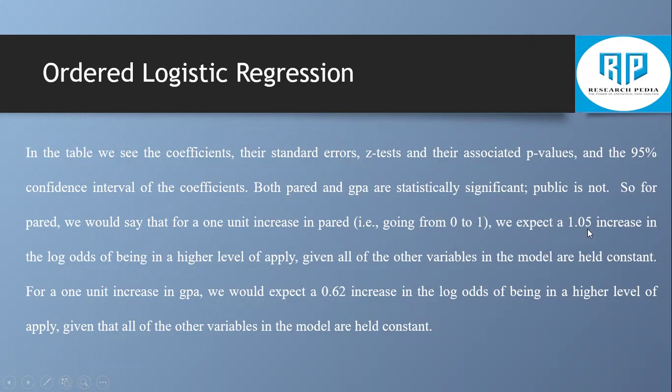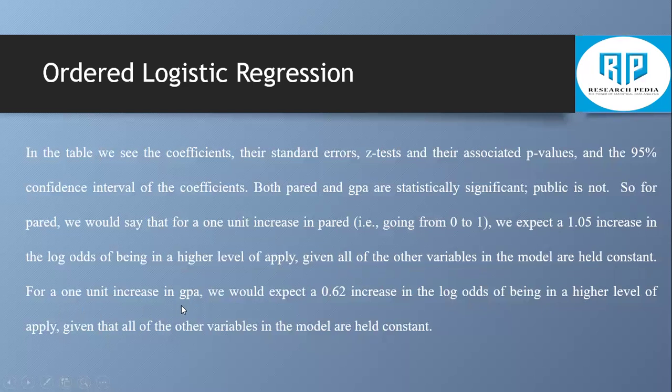So we expect a 1.05 increase in the log odds of being in the higher level of apply, because we have three levels of apply: unlikely, somewhat likely, and very likely. So we are considering here the very likely. So we expect a 1.05 increase in the log odds of being in the higher level of apply, given all the other variables in the model are held constant.